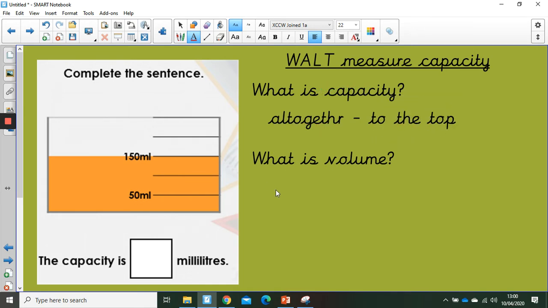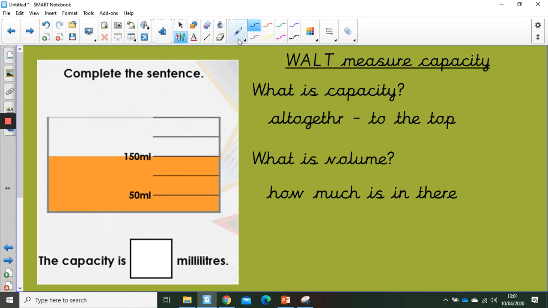And the volume is how much is in there. So we're interested this time in the capacity, how much we can get up to the top. So let's have a look.